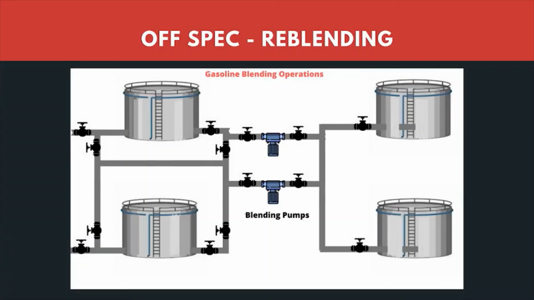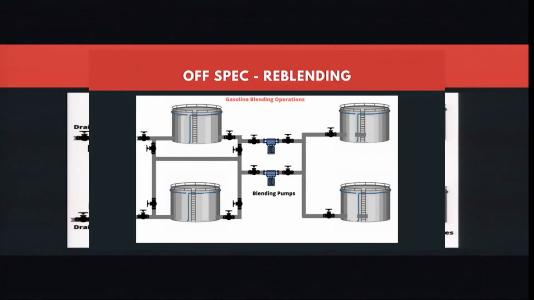If a tank is found to be off-spec, what can be done? It can be adjusted by producing high quality material and then blending. For example, for a particular batch of gasoline the specification for octane number is 90, but that batch has an octane number of 85.